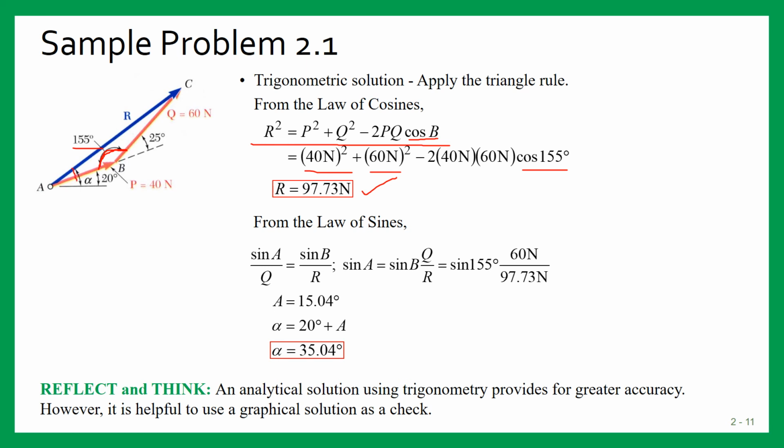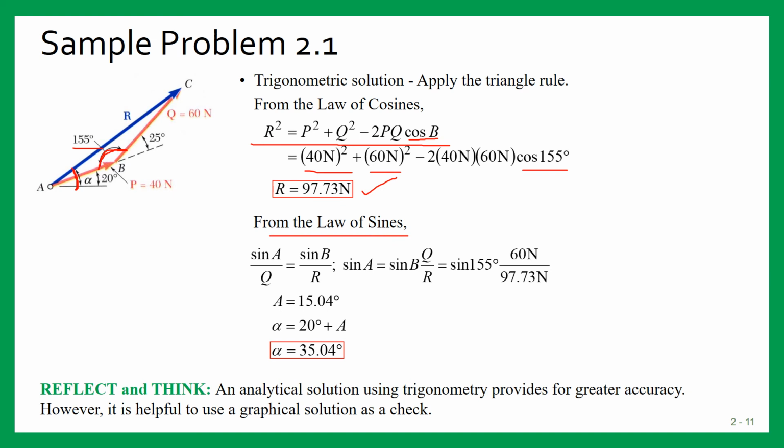You also have to find this angle alpha. Because this is only the magnitude, you also need to find the direction so that you know the complete information regarding the solution. For that you can use the law of sines.